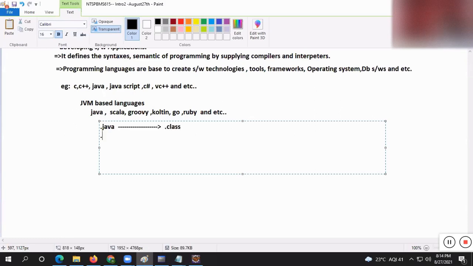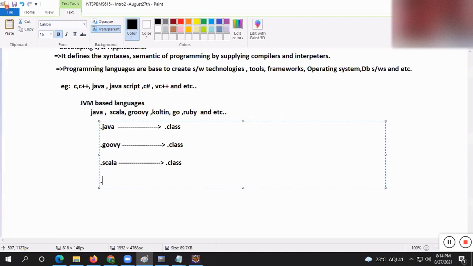You will get a .class file. Okay, .groovy, let us assume. Here also after compilation, you will get a .class file. Okay, .scala. After compilation, here also you will get a .class file. Okay, .go. I'm assuming these are the extensions. If wrong, don't worry about it. .ruby.